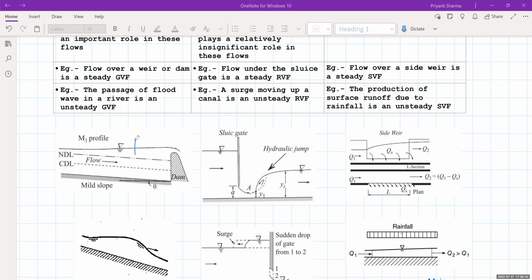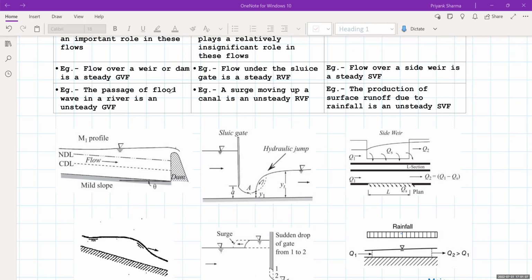So if you look at this particular instant at time t equal to 0, then time t equal to 1, and so on, the depth will not change. However, with respect to space, the depth is changing, but at that instant, the depth is remaining constant with respect to time. That is why it is called a steady GVF. That is flow over a dam or a weir.